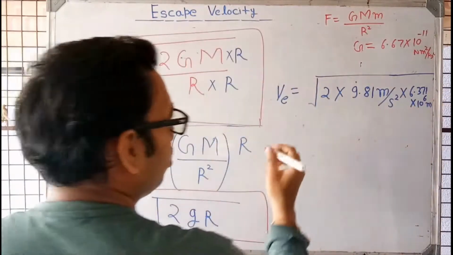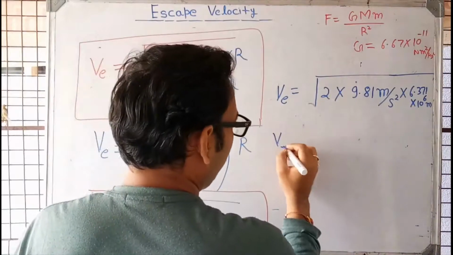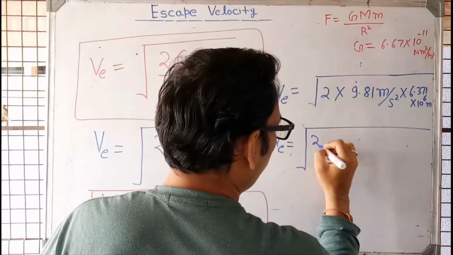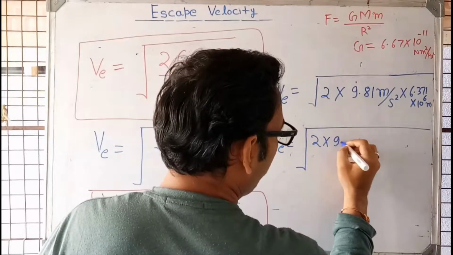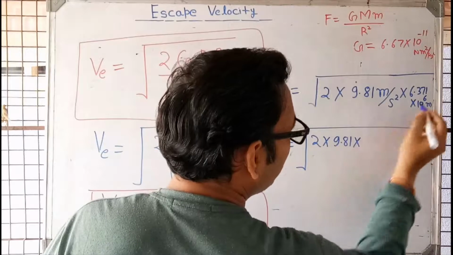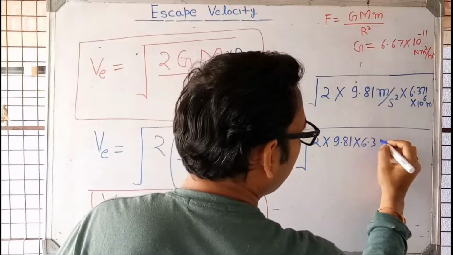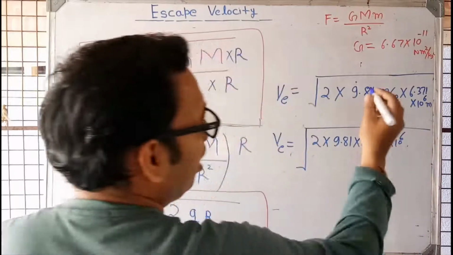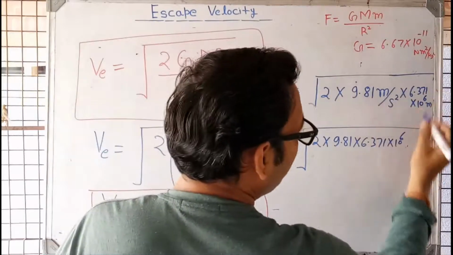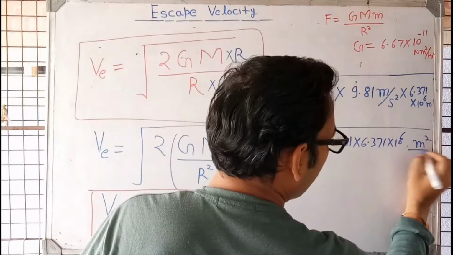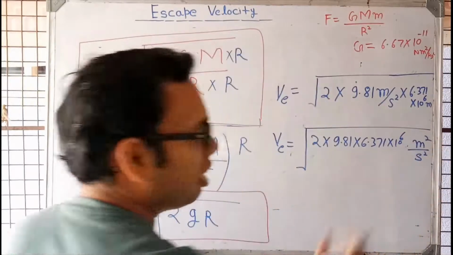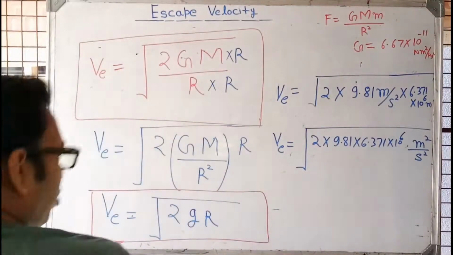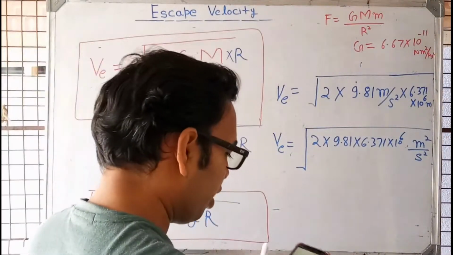So what is the escape velocity? You can say here, this is under root 2 into 9.81 multiplied by 6.371 into 10 to the power 6, and meter times meter means meter square upon second square. I am writing the unit also here. Now we will calculate this value, so we will use the calculator.